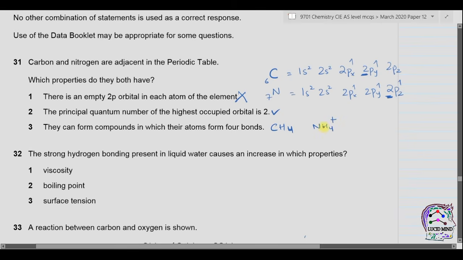In the ammonium ion, nitrogen is also making 4 bonds. 3 of them are covalent and 1 is a coordinate covalent bond. This one is correct. So we have options 2 and 3 correct. So the answer is C.